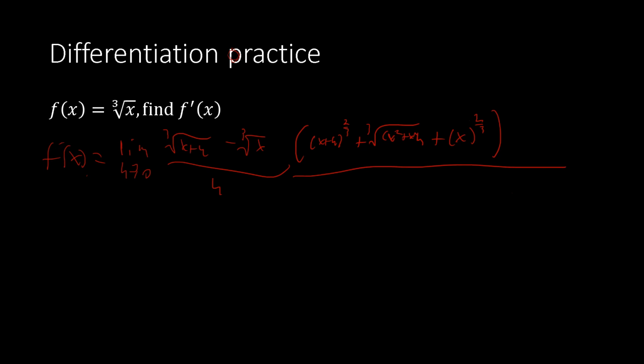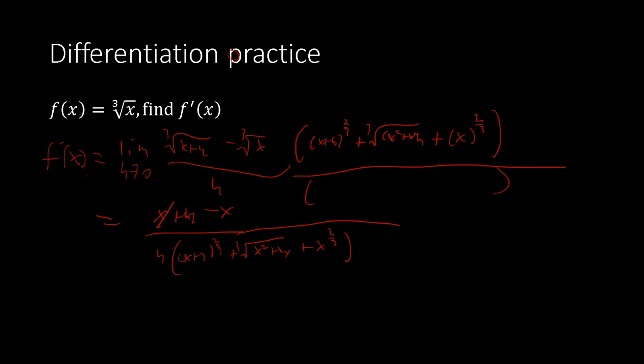We're going to multiply also by this whole thing in the bottom, which I'll just leave blank here just to save space. So when we multiply this, we're going to end up with, as we said before, x plus h minus x over h times this whole thing, so these x's are going to cancel and these h's are going to cancel, so we're just going to end up with 1 over this.